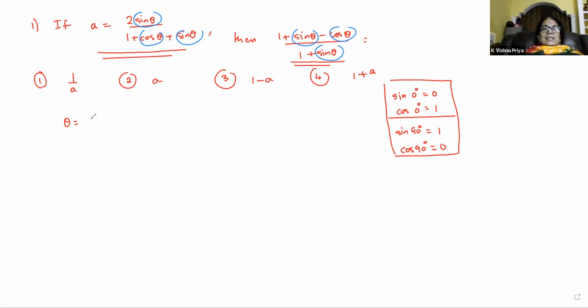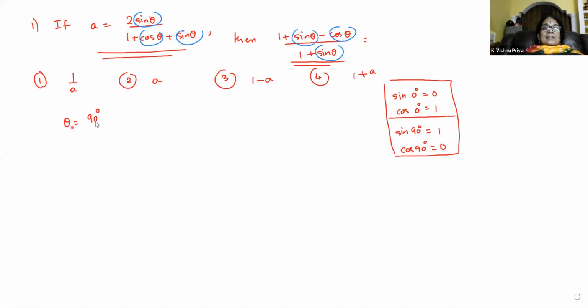Suppose I will take theta as 90 degrees. Why am I taking 90 degrees? That also I must tell. Because the numerator is having sine theta.